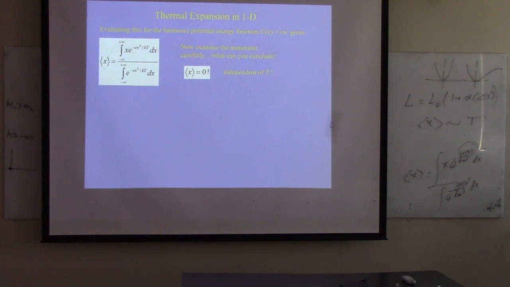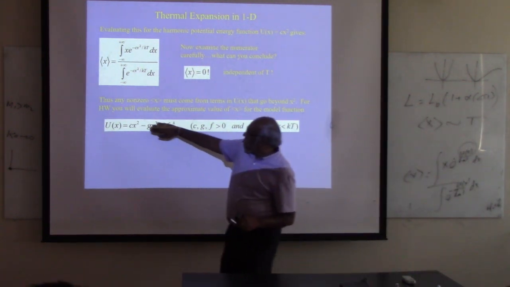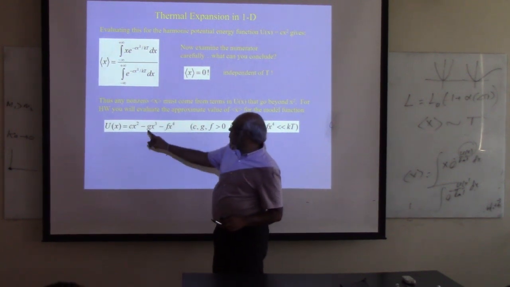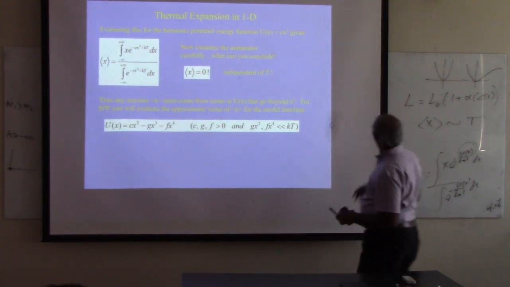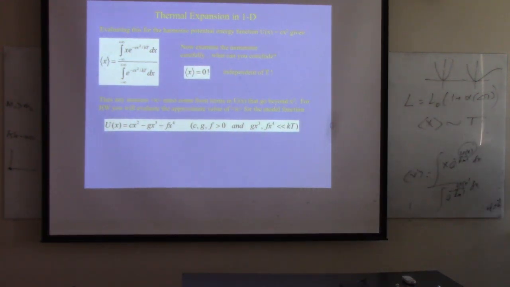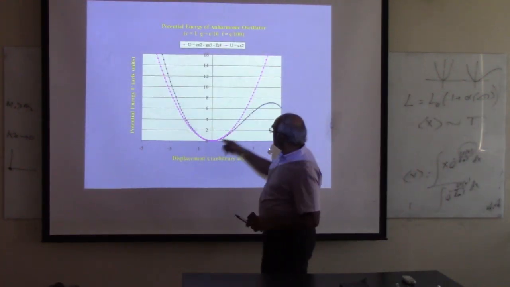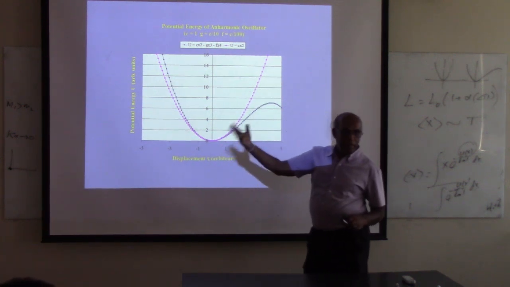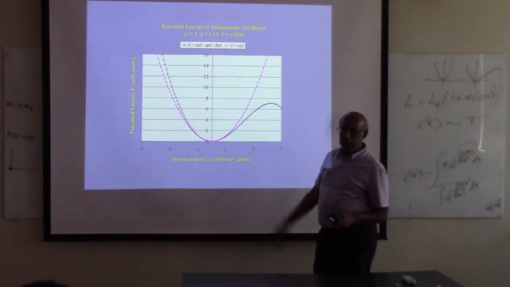So if you do that, you can get this expression. For that, we are going to introduce a new function. We replace U(x) by this expression, not just x squared. Just put in some x cubed and x to the fourth terms. So this is the perfect simple harmonic oscillator. If you introduce second and third order terms, it becomes something like this. That is not harmonic, right?